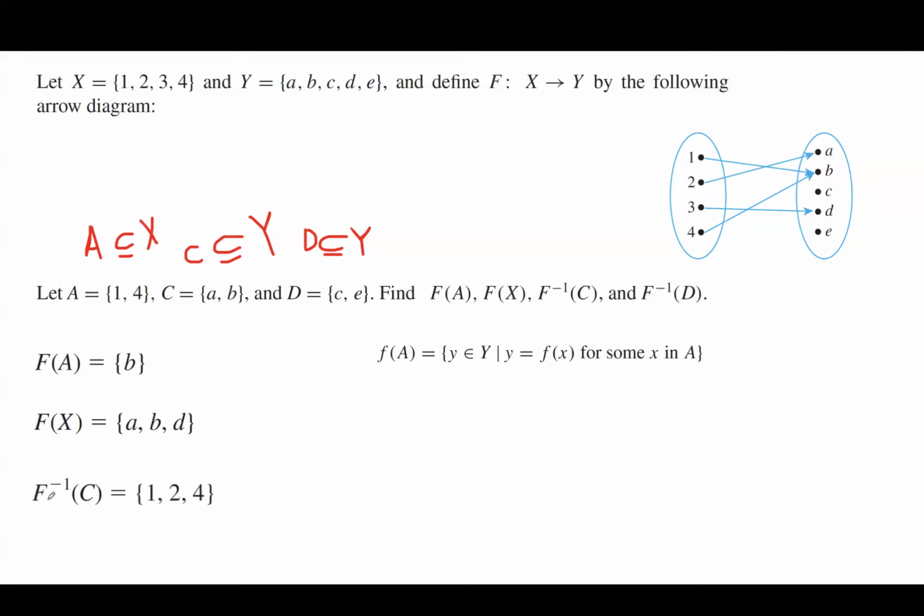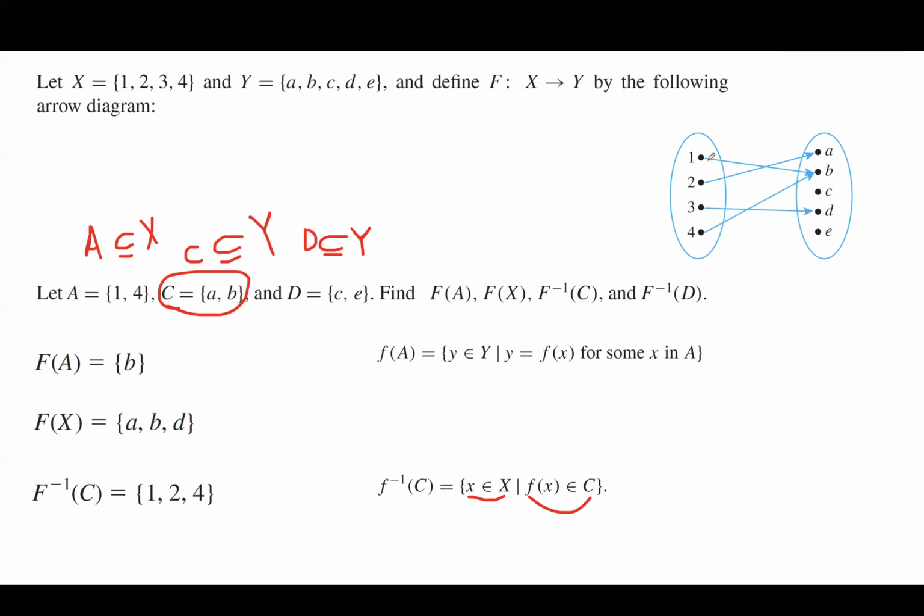What about the inverse image of C? Remember the definition: the inverse image of C is the set of all x values such that f of x belongs to C. Well, we're looking for x values in the domain such that f of that value belongs to set C, which is the set including a and b.